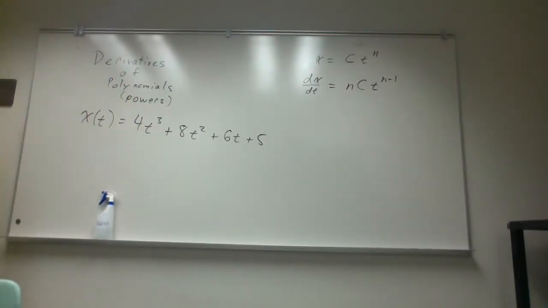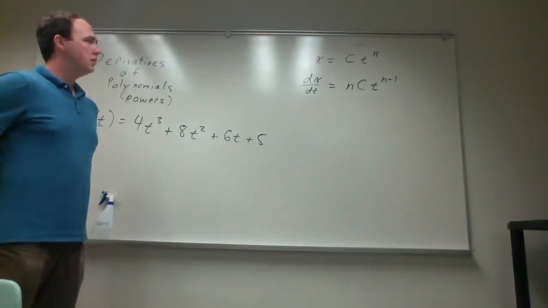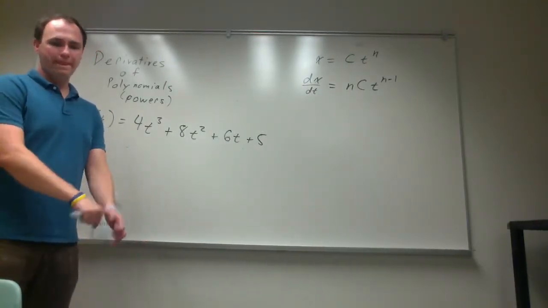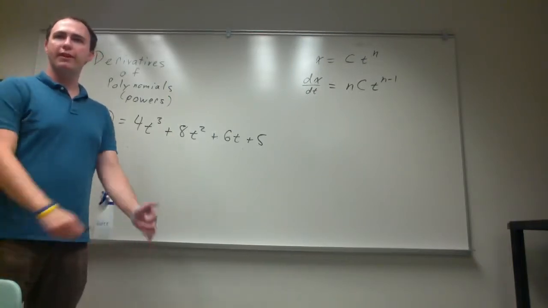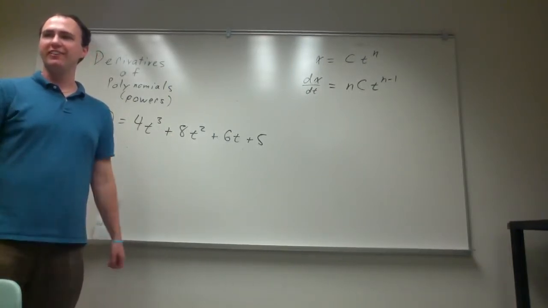So every time you take a derivative, you go down 1 power overall. We won't worry about where that rule comes from. That's for your calculus teacher.